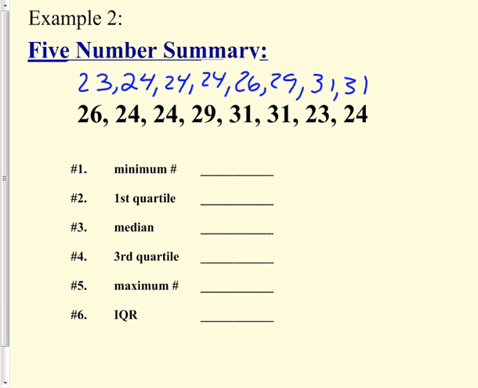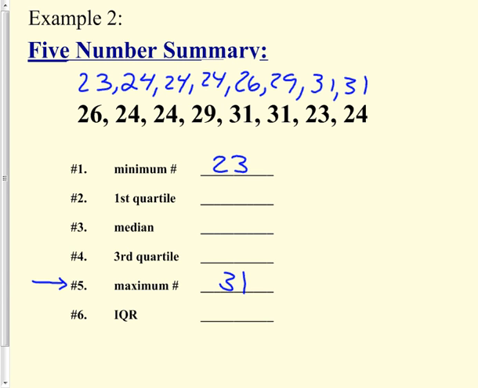Now that I got them lined up, it does make it a lot easier to answer some of these. The minimum, that's an easy one. What is it? 23. And then the maximum, that's down here, is 31. And then the first quartile, that's kind of weird.